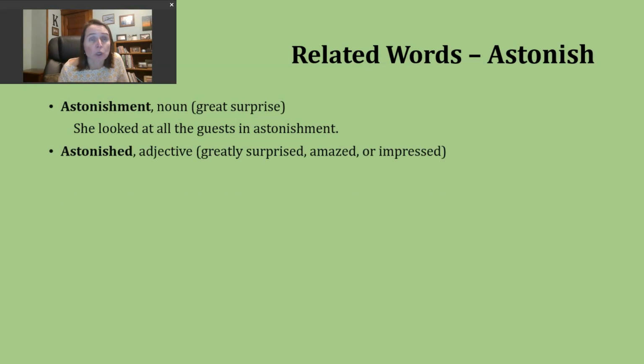Another related word is the adjective astonished. Okay? Now this would of course mean or describe someone or something that is greatly surprised, amazed, or impressed. Sometimes adjectives that end in ed and ing can be a little confusing. That ed ending is we're going to describe the person or the thing that has the feeling. Okay?